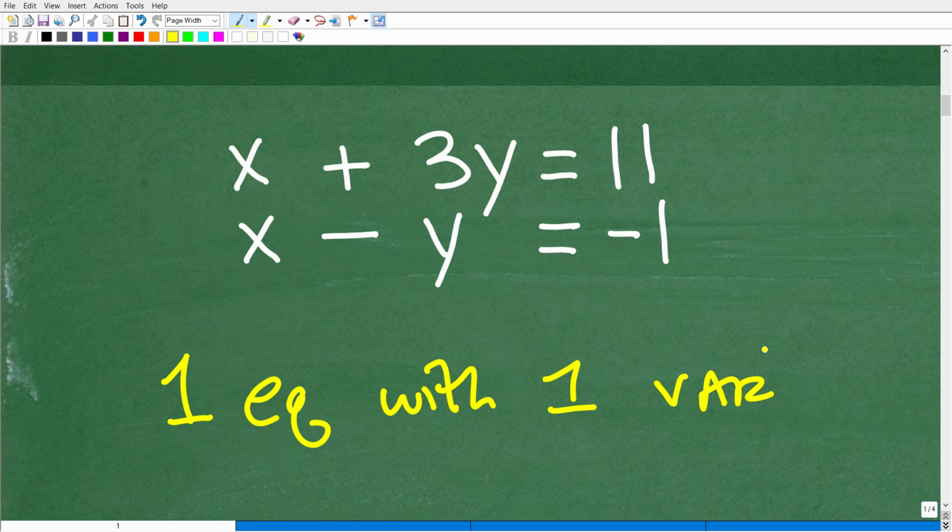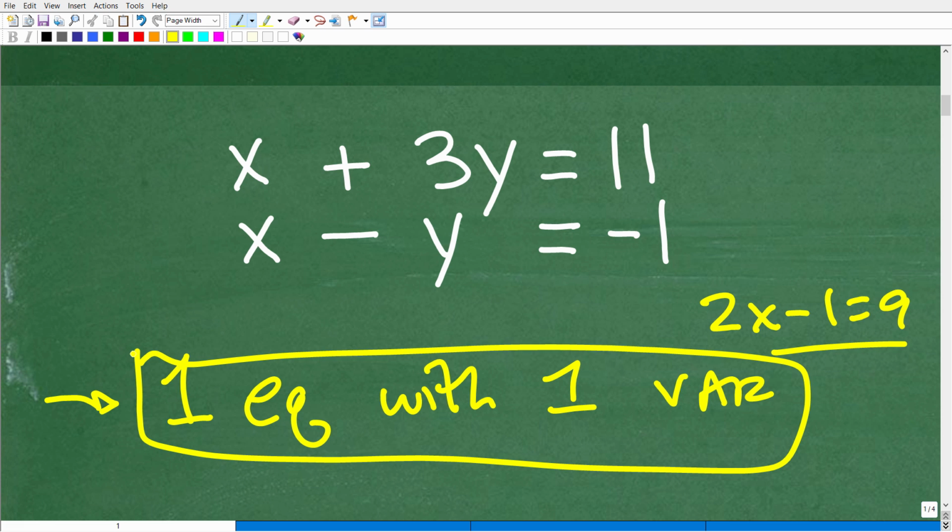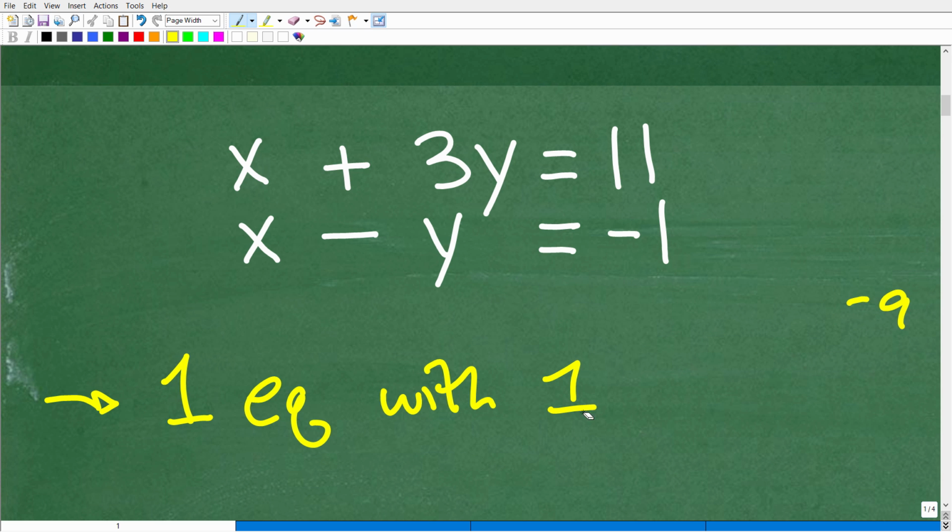So I've got two equations with two variables, and from this information I want to create one equation with one variable, because when I have one equation with one variable, like 2x minus 1 is equal to 9, I can solve for that variable. And once I have that information, I can go back and plug it in to get the other variable. So both techniques really have the same goal in mind, and that is to create one equation with one variable only.